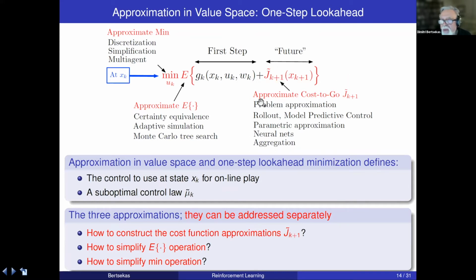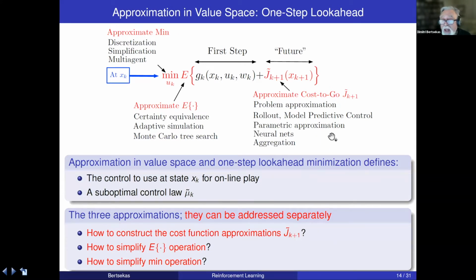Aggregation is a method that's based on problem approximation. But there are other possibilities. Various heuristics for the problem can be used to define an approximate cost function. Rollout with a base policy is one possibility, and you can calculate these values a number of different ways, analytically or by simulation, as you need them for this minimization.